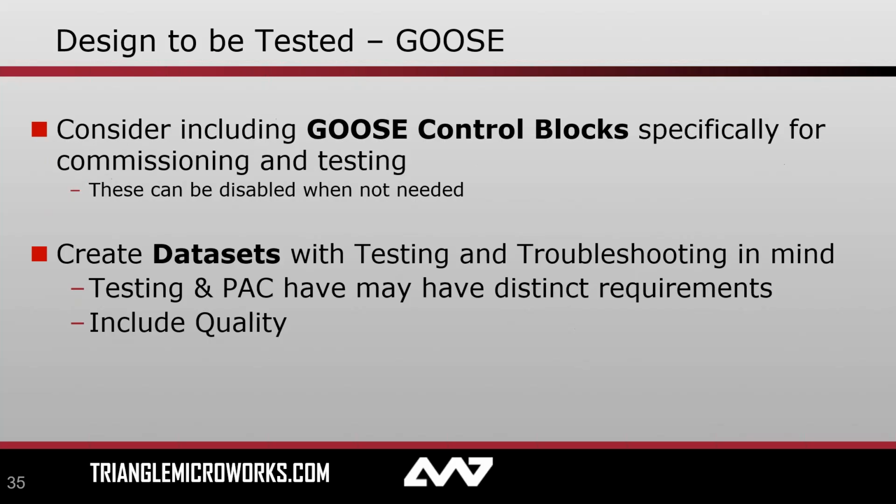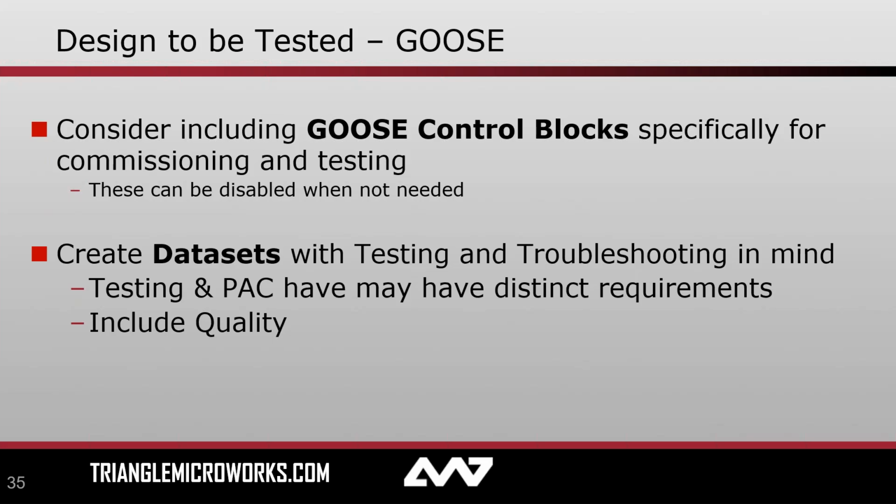A lot of this same stuff can be applied to Goose as well. The big difference there is that Goose is multicast. You don't worry about someone else grabbing your Goose control blocks, but there are other considerations that need to be taken into account. One of them would be with networking. As an example, you might be using VLAN IDs or MAC address filtering.